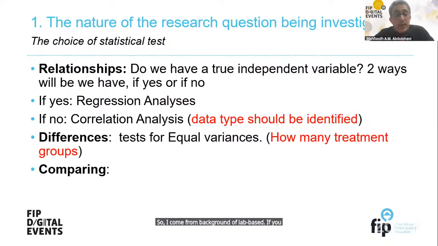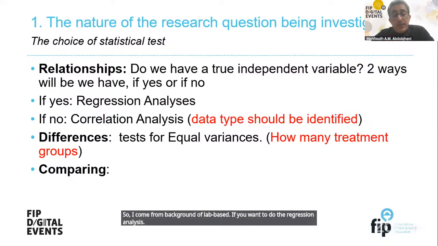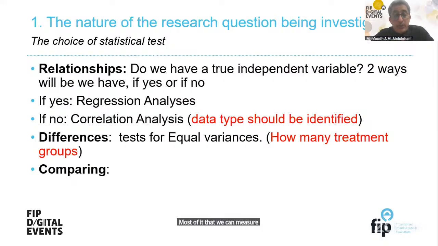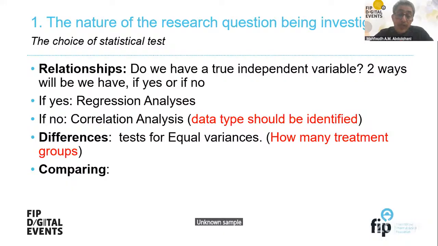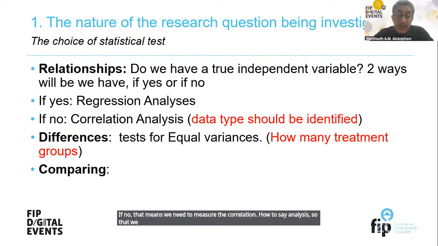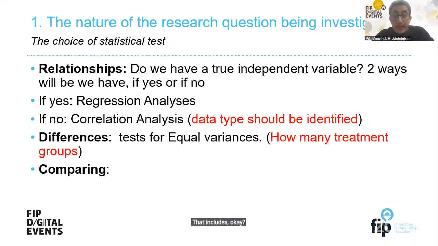If you want to do the regression analysis, most commonly we use it to make a regression equation so that we can measure the unknown sample after we do the standard substance for this analysis. If no, that means we need to measure the correlation analysis, so that we can identify the relation between two variables.